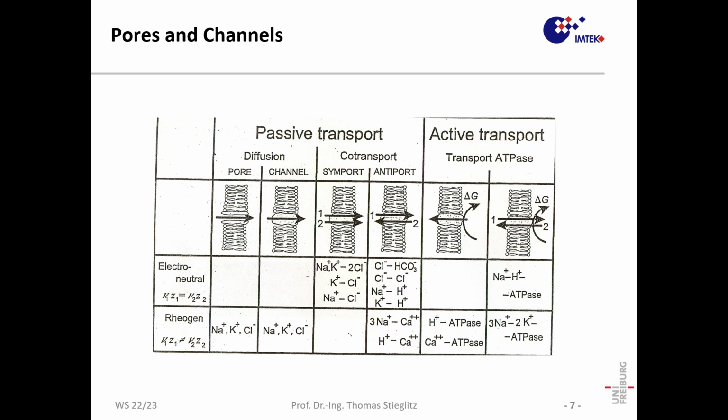If diffusion takes place, then we have a passive transport. Passive means in this context we do not need energy. The environment that we have is the reason that particles want to go from one place to another place.